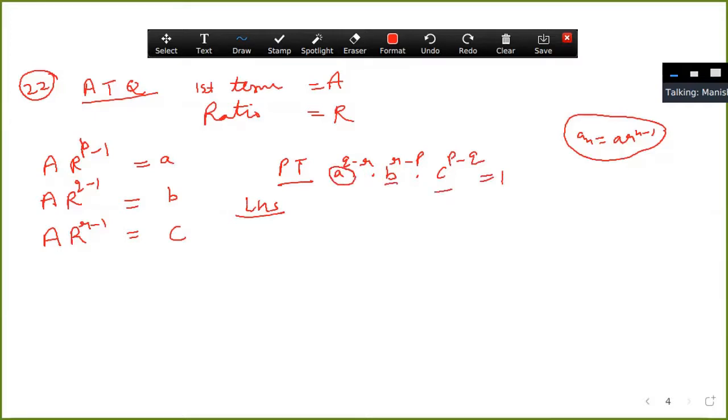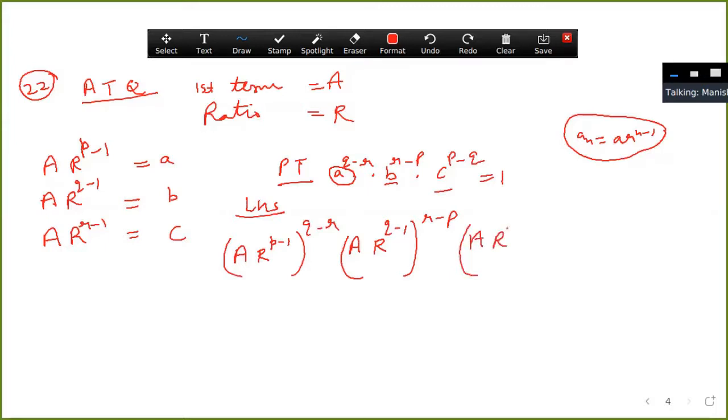What is the value of a? That is capital A R to the power p minus 1, and whole power is q minus r. What is b? B is capital A R to the power q minus 1, whole power r minus p. What is the value of c? Capital A R to the power small r minus 1, and whole power p minus q.